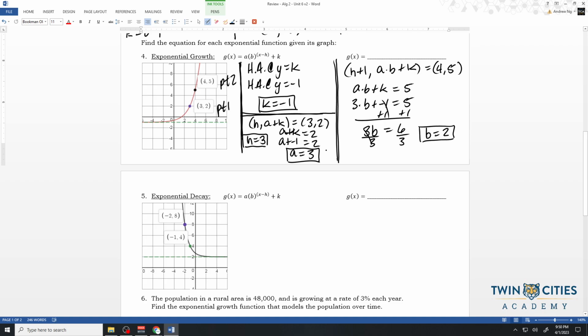Once you've found a, b, h, and k, you can go ahead and plug them in to your standard form. g of x equals 3 times b, which is 2, to the x minus h. So x minus 3. And then plus k at the end, so plus -1, or just say -1.